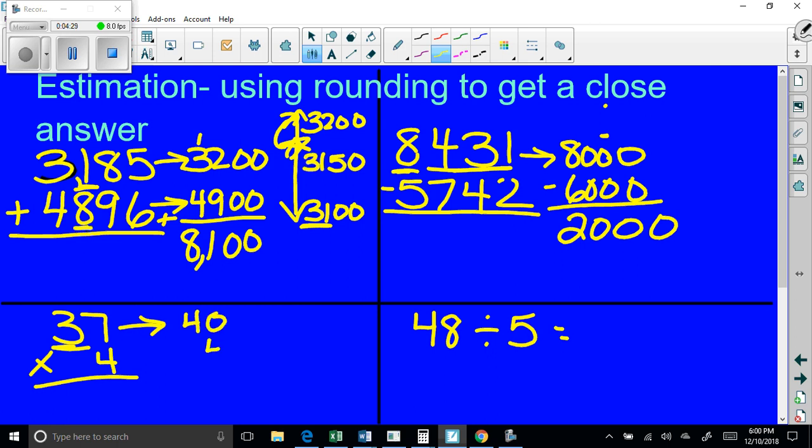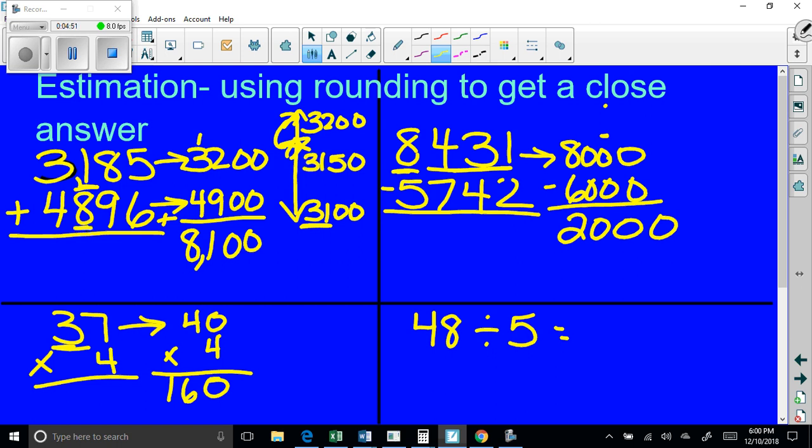So I'm going to multiply 40 times 4. And as you can see, this does make it easier for you to get an estimated answer. So 40 times 4, I know that 4 times 4 is 16. So 4 tens times 4 would be 16 tens. So 37 times 4 is about 160.